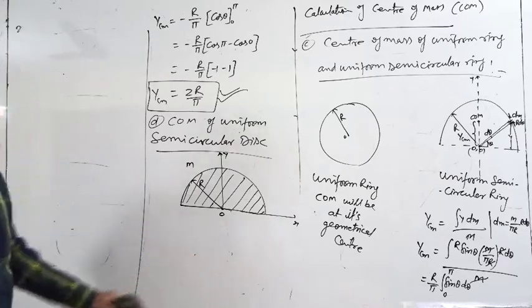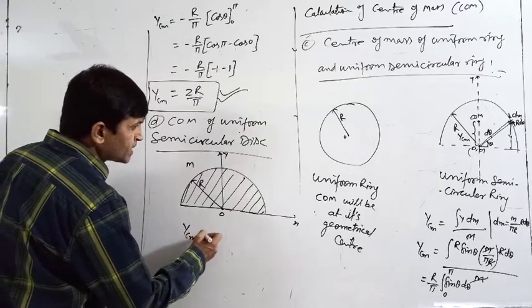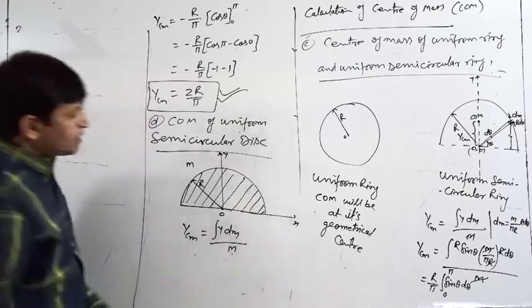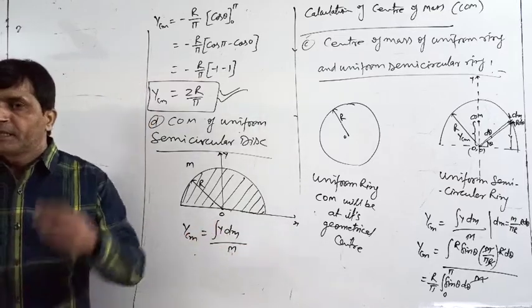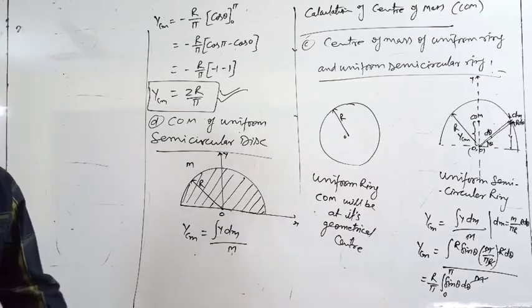Now, very important point here. Our formula again. We will use which formula? YCM equals integral y dm by total mass. dm is the mass of the element. Now depending on size of the element or shape, which type of element you are taking.